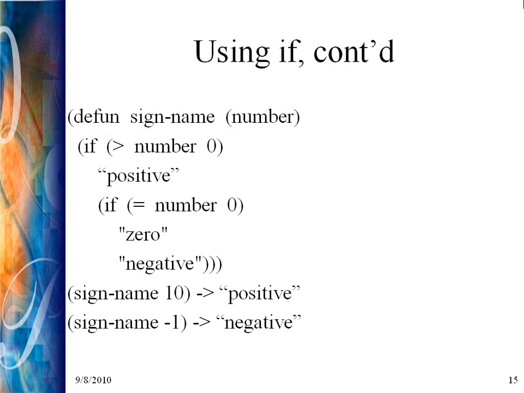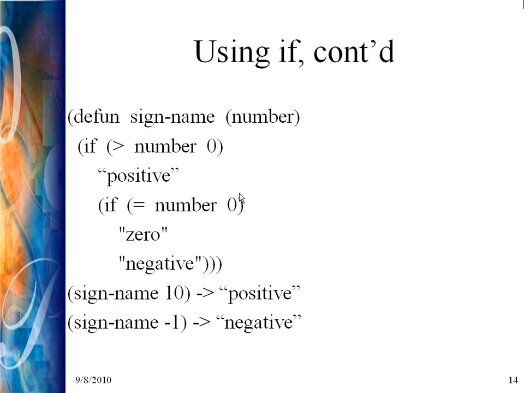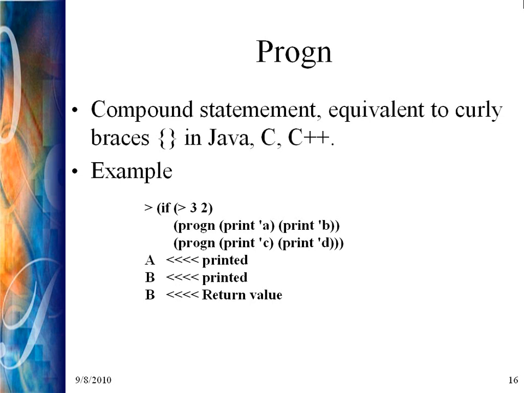Now, one thing about if is that you only get to evaluate one form. So if we go back here, here's the test, and then there's one form if it's true and one form if it's false.